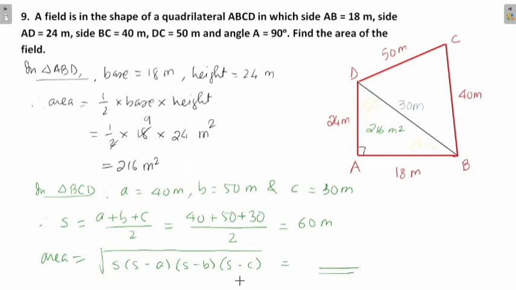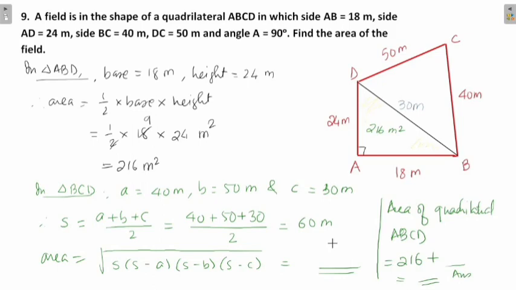After that, the area of quadrilateral ABCD will be equal to the area we first found, which is 216, added to the area of this triangle which you find here. Add that number and you will get your final answer. So this is how we need to do this sum. You may pause the video and note down your solution.